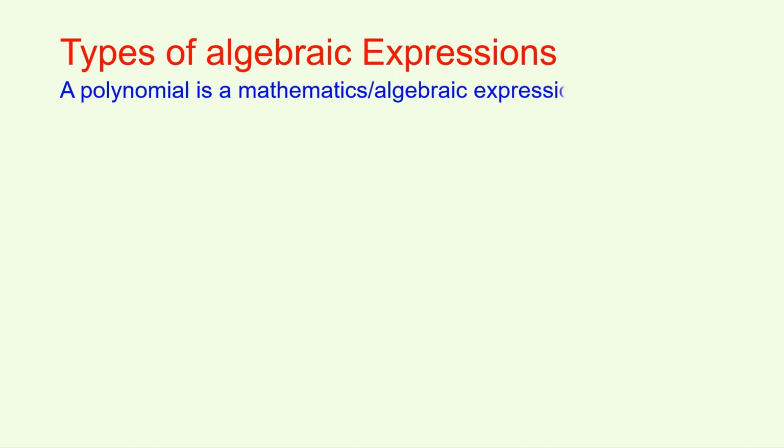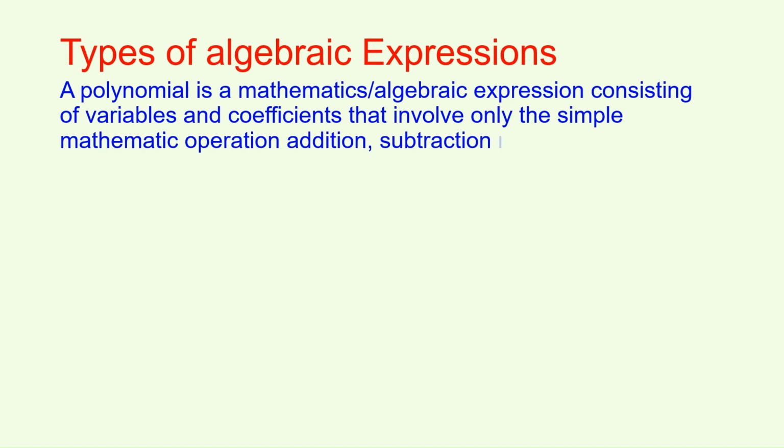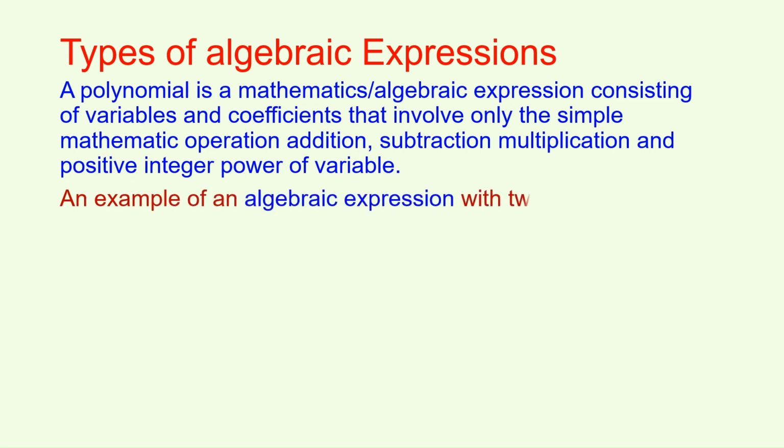Types of algebraic expressions. A polynomial is a mathematical algebraic expression consisting of variables and coefficients that involve only the simple mathematical operations: addition, subtraction, multiplication and positive integer powers of variables.